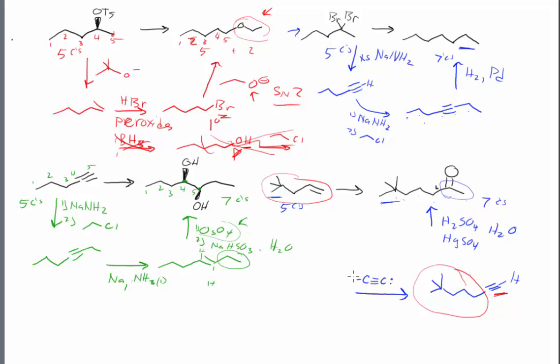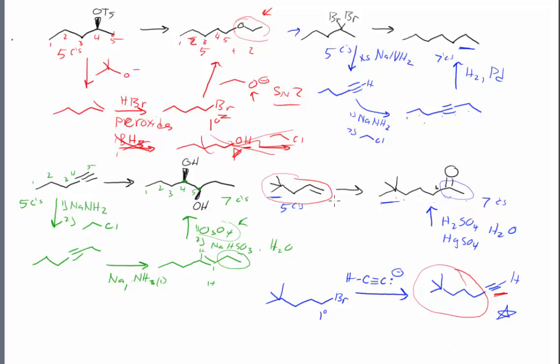So maybe we bring in this anion to react with a certain primary halide, right? So we can use this alkyne as an anion to react with the primary halide, and that should get us to this alkyne at the end.